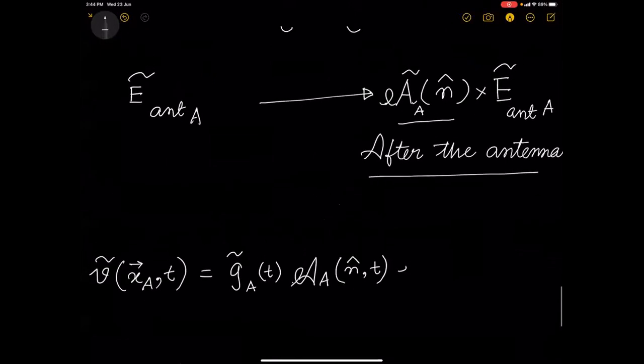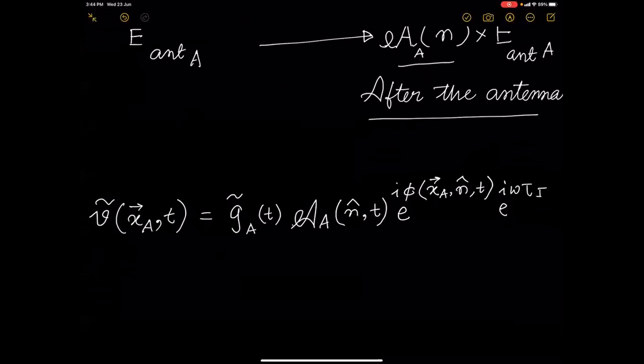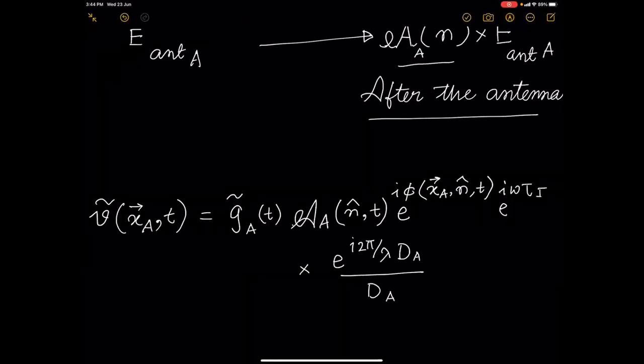Then I have the ionosphere terms. Tau I is a function of the same things. I'm not writing it again explicitly. Then the term before the ionosphere, and finally the source.